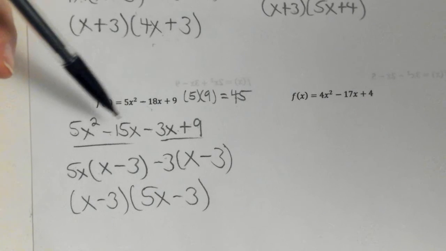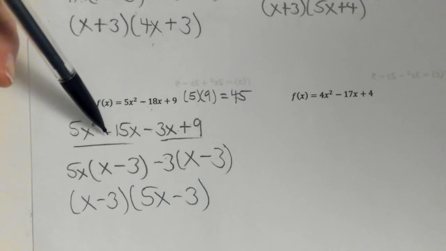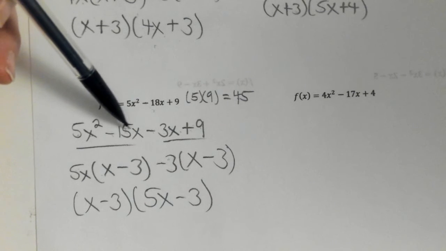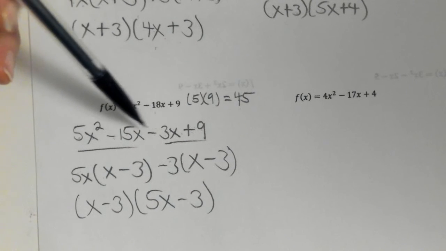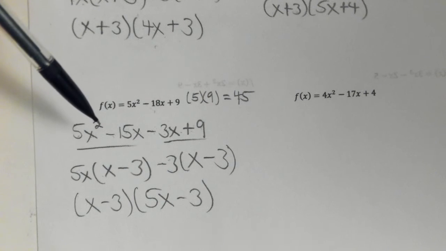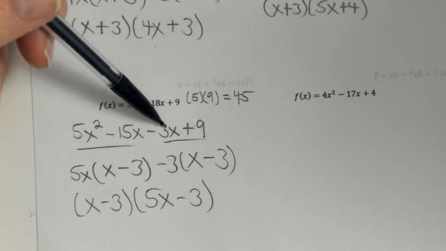Okay. One thing I want to point out here is it doesn't matter if you write negative 15x minus 3x, or if you write negative 3x minus 15x. If you switch these two middle terms, it would still actually work out to be correct. Because think about it in this problem.